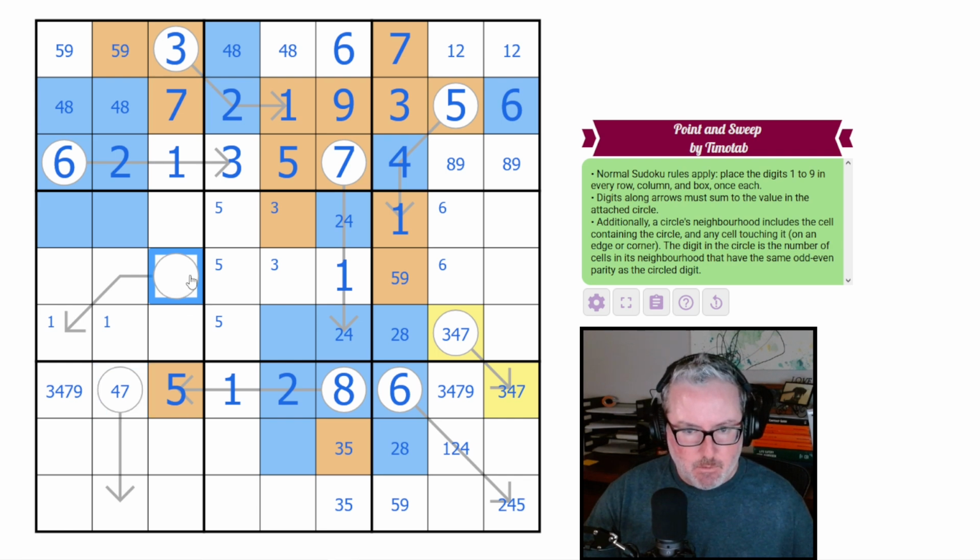Let's maybe think about what this can be. Can't be 1, can't be 2, can't be 3. Well, by Sudoku, if it was a 3, this would be the 1 and this would be the 2, and that would break. Could be 4, can't be 5, 6, not 7, 8, 9. It's never going to be 9 because you already have an even. So this is always even.